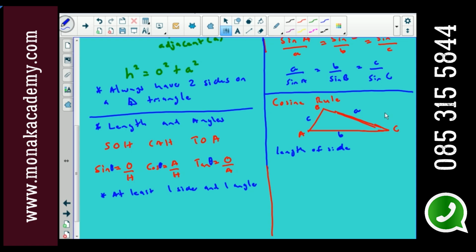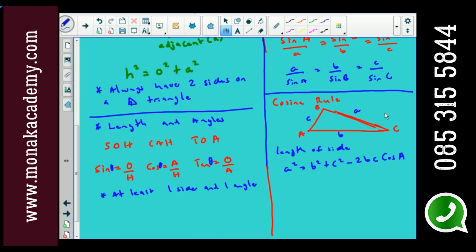So, what the formula will be, A squared equals B squared plus C squared minus 2BC cos A. Is that difficult?